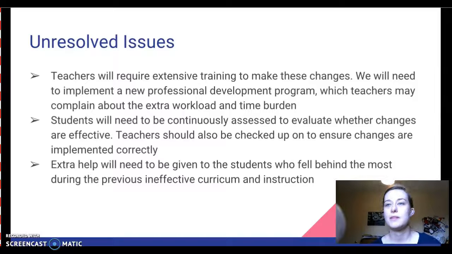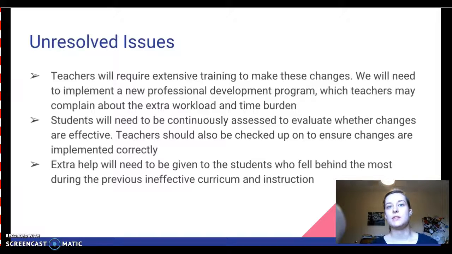Teachers might complain about this extra workload and time burden, I thought. They're already very busy, I'm sure, so we'd have to maybe find a solution so that it doesn't take too much time out of their schedules, and yet they do get the training that they need.